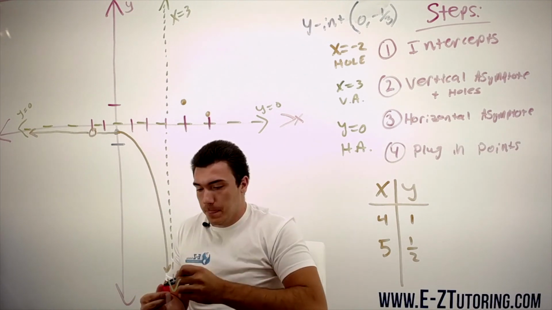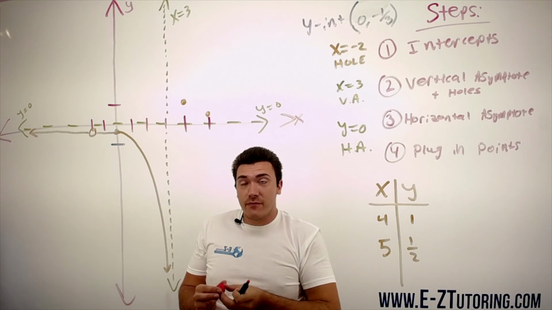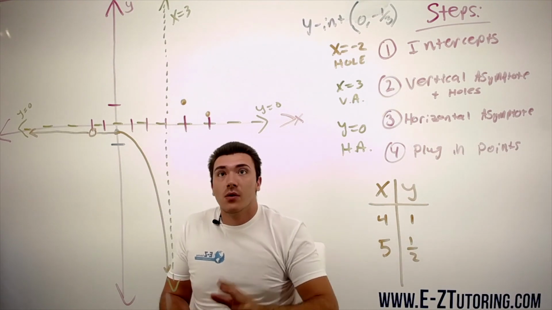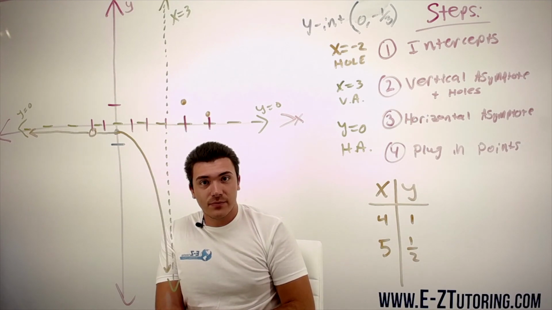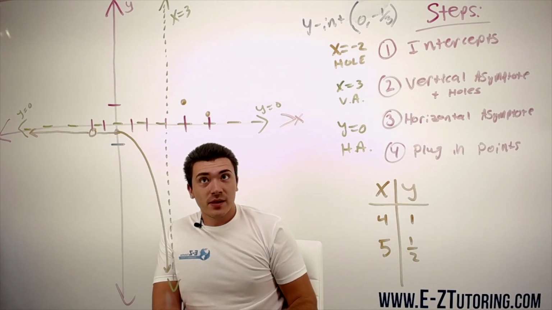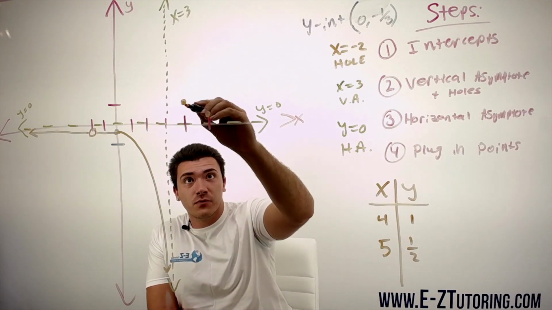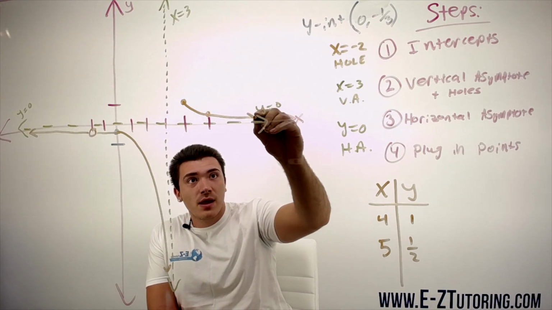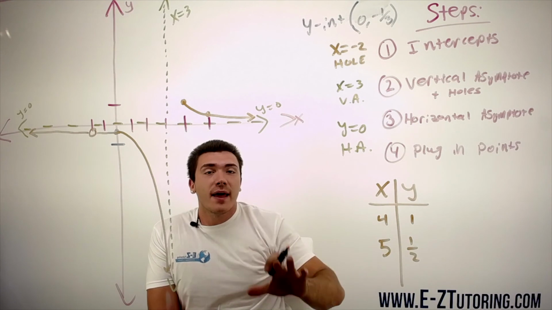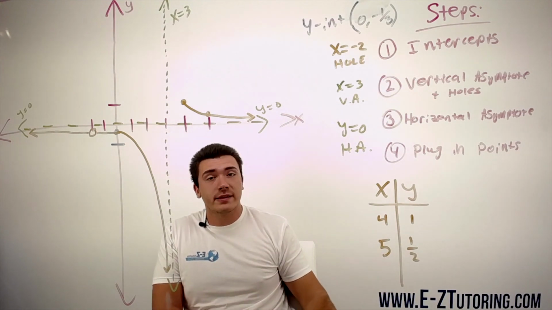So we can see what this graph is doing. We know it does not cross the horizontal asymptote, right? So because it doesn't cross that asymptote, therefore, it must go like this on forever and ever. It'll get infinitely close to that asymptote, but never touch or cross it.